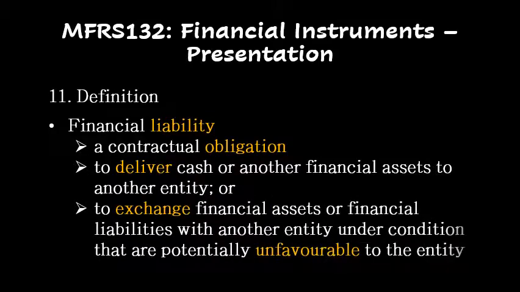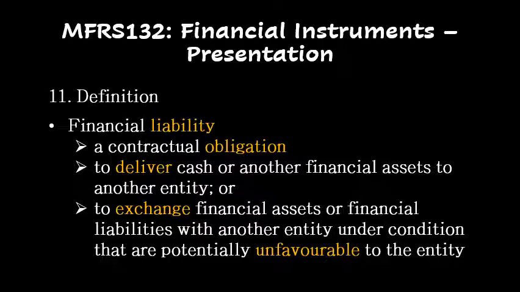Or there is an obligation to exchange your financial assets or liabilities with the liabilities or assets of another entity such that the net value is unfavorable to you. So in total, you are the one who ends up owing the other entity or paying more than what you get from the other entity in the mutual exchange. So to have a financial liability, it becomes B, while the other party becomes A.